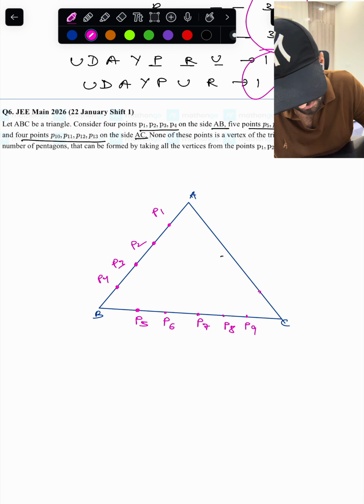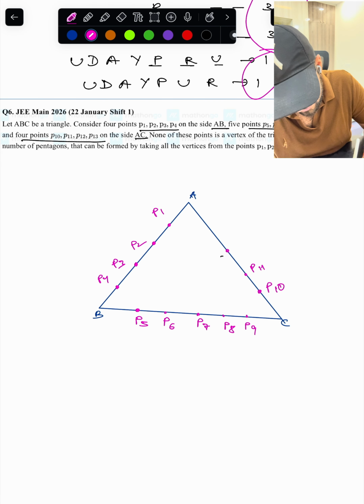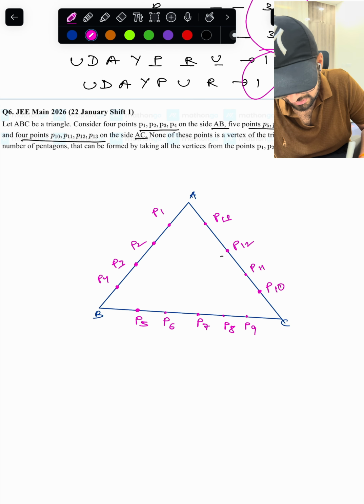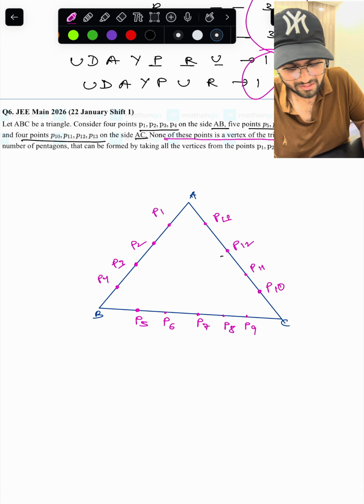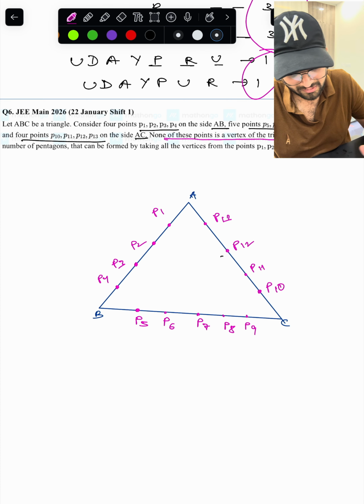So 5 points on BC and 4 points on this one, AC, P10, P11, P12, P13. Done. Now none of these points is a vertex of triangle ABC, so they are not coinciding with the vertices.